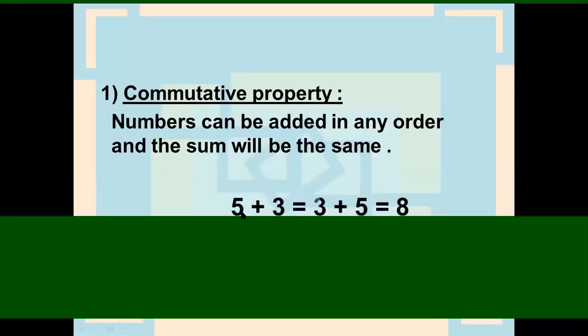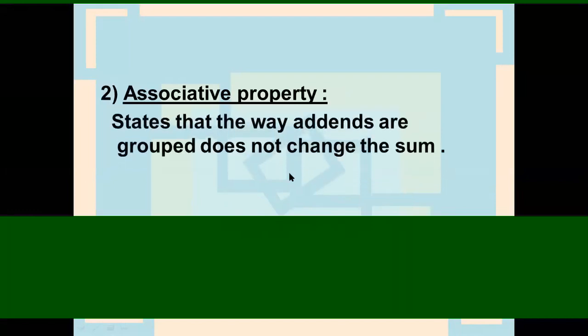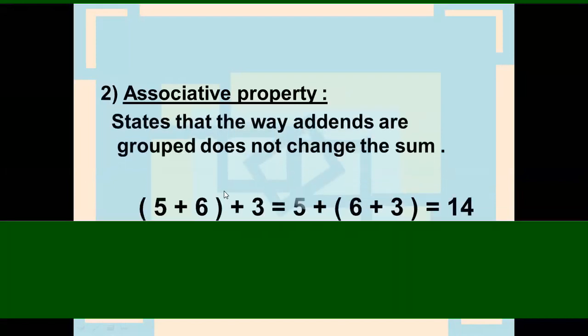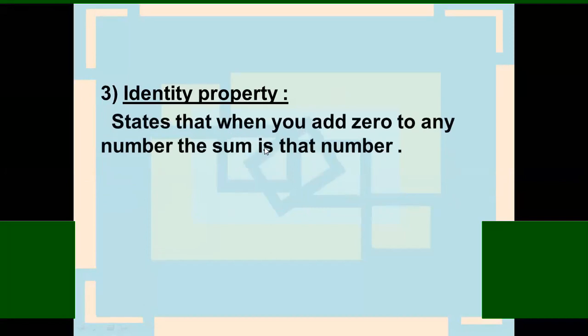The associative property means if we change the grouping, it doesn't change the result. And the third property, the identity property, means the sum of any number and 0 equals the same number. These are the three properties we have in addition.